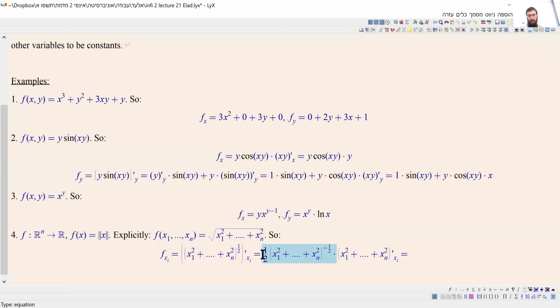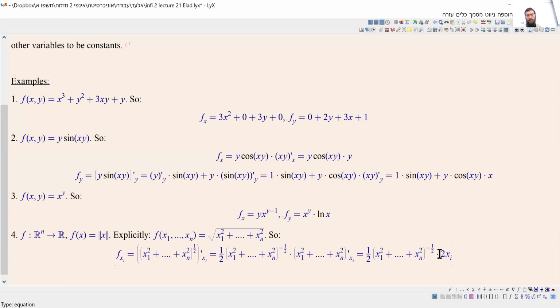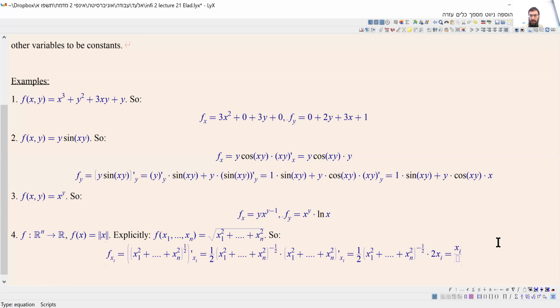So it is half and 2xi. Of course, one can rearrange it to look better. This is the norm, but it is in the denominator because it's minus half and not half. The 2 and the half cancel each other, so we are left with xi over the norm of x.